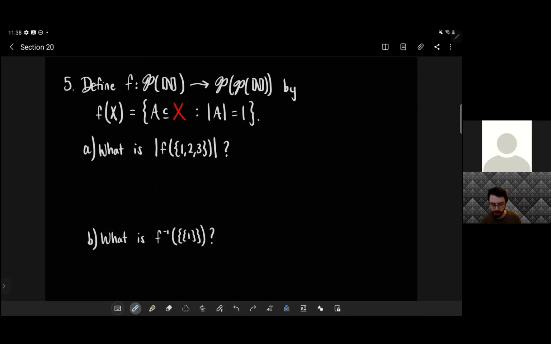Since this is a weird function where you take in a subset of the natural numbers and you spit out a collection of subsets of the natural numbers, it's worth asking some questions about this. So what is the cardinality of the image of {1, 2, 3}? First of all, what is f of {1, 2, 3}?